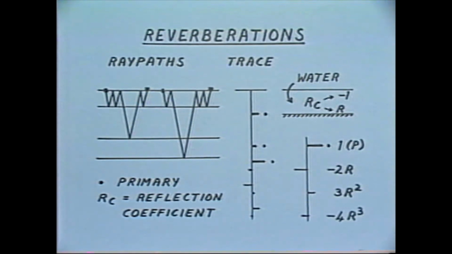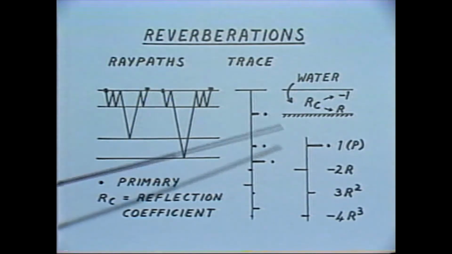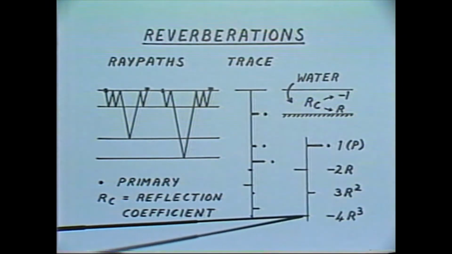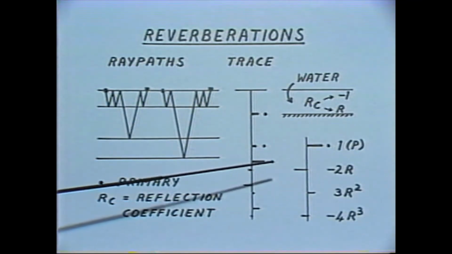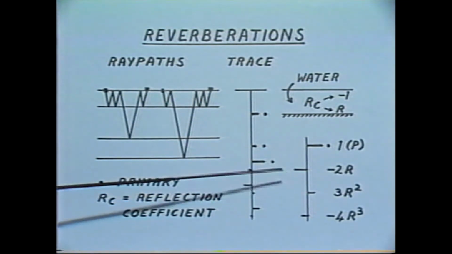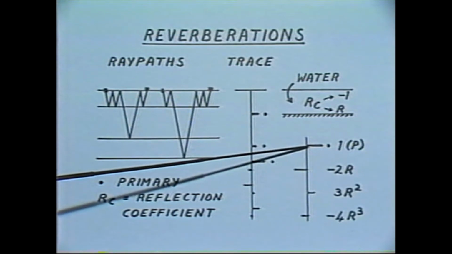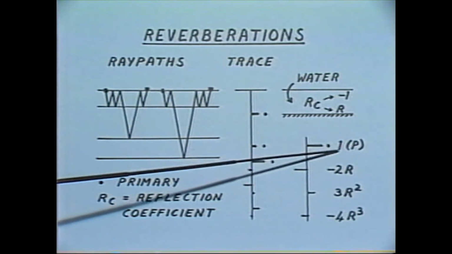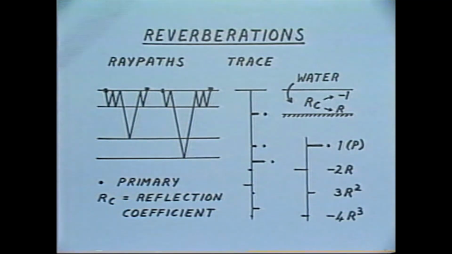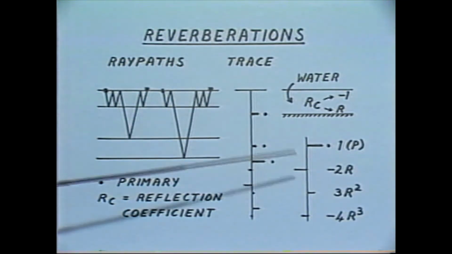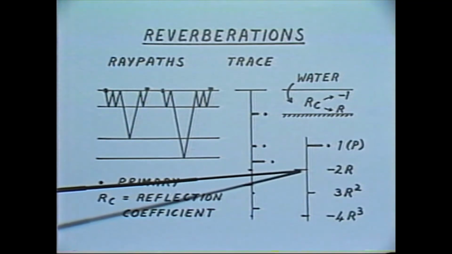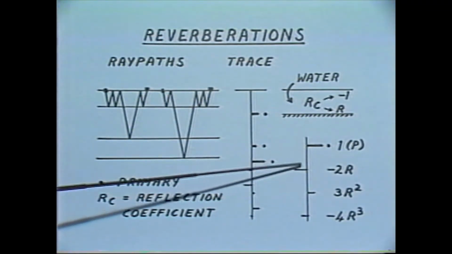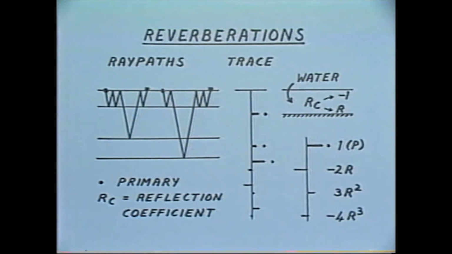If we look at just one of those primary reflections and the reverberations which follow it, we can see that the reverberations have a certain pattern to them. If we assume that the amplitude of the primary reflection is 1, or unity, just for simplicity, then the polarity of the reverberation events alternates in most situations.